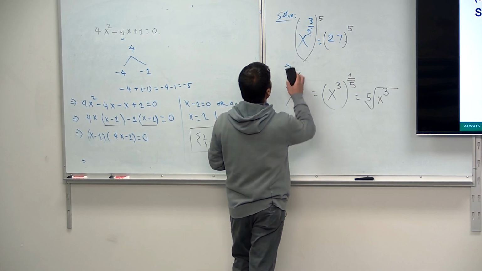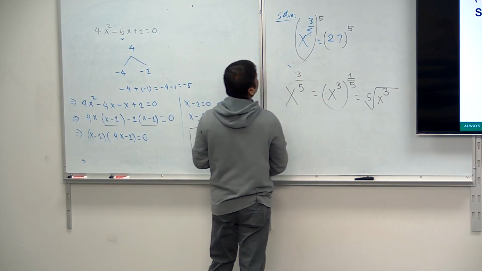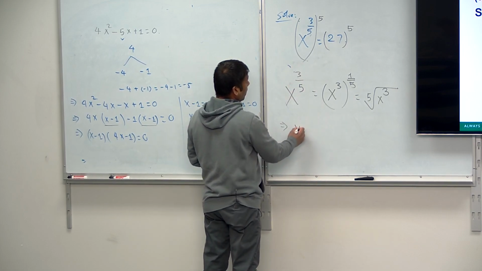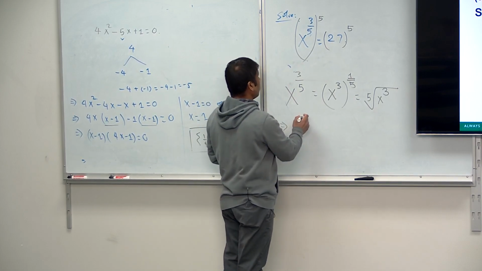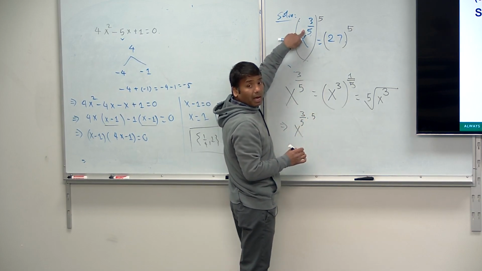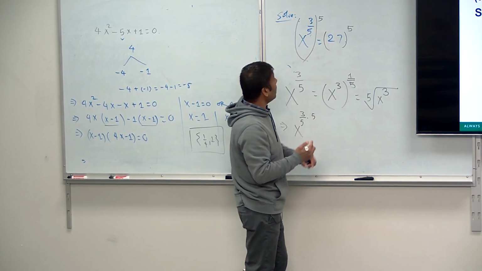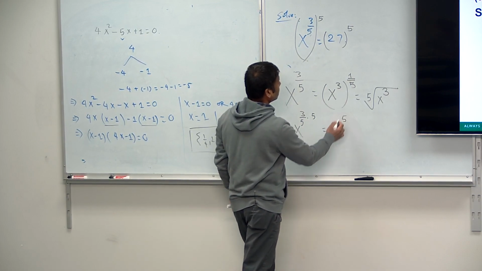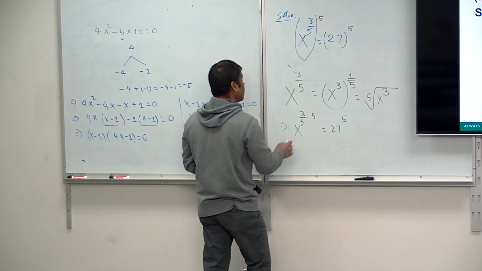So that's why I raise to the power 5. If I raise to the power 5, you see, x to the power 3 over 5 times 5. Is that right? When a power is raised to a power again, you multiply the exponents. And on the right side, you have 27 to the power 5. So what is 27 to the power 5, guys?